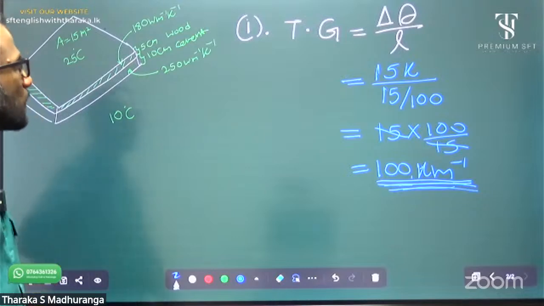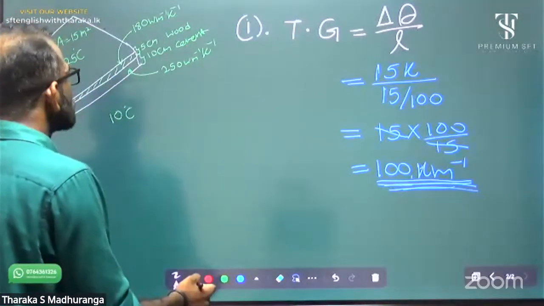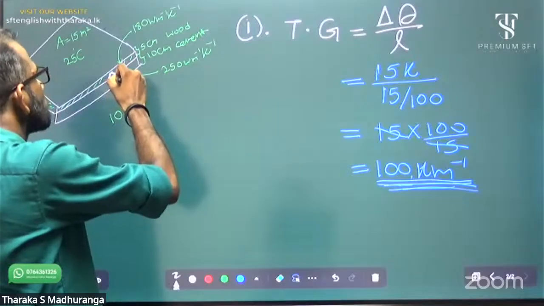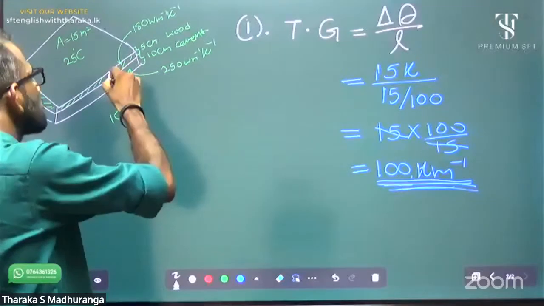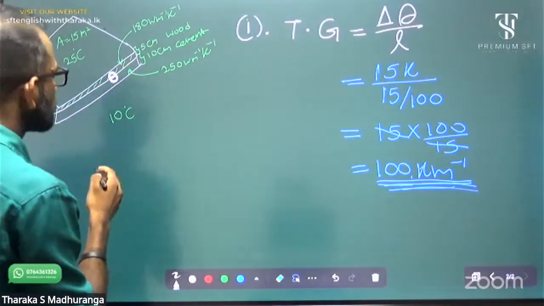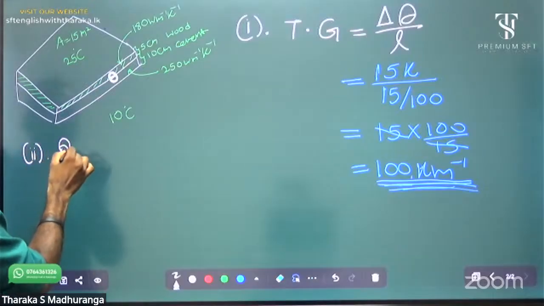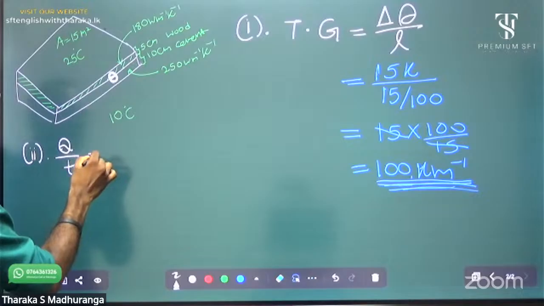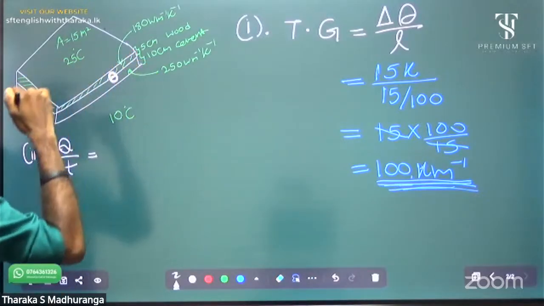Okay, then let's move on to the second one. In the second one, the question asks what the intersurface temperature is. Intersurface means the contact surface temperature of this wall. Okay, how to calculate? Q over t. I'm going to first substitute our common equation into the cement wall.